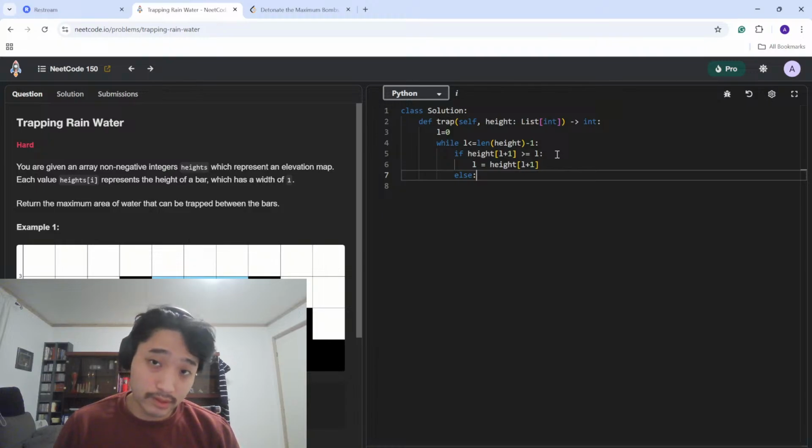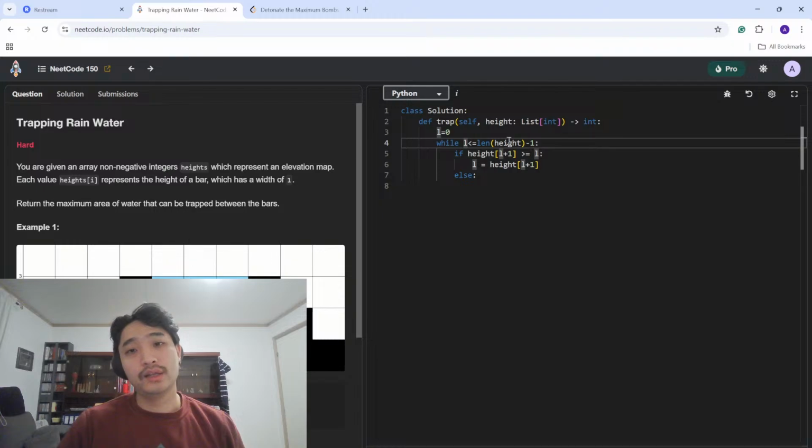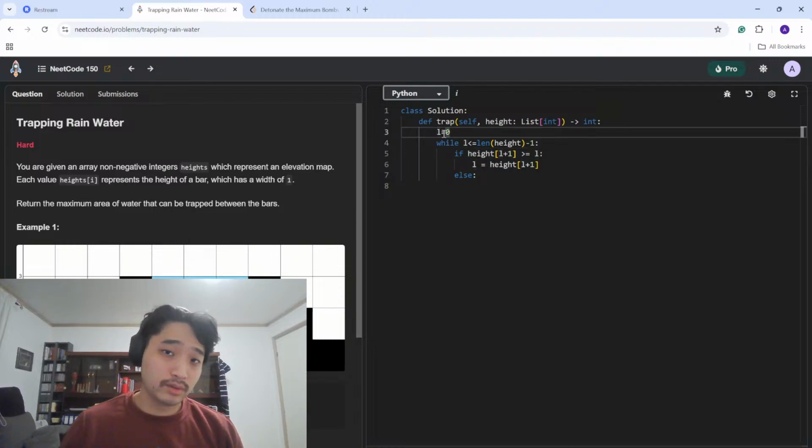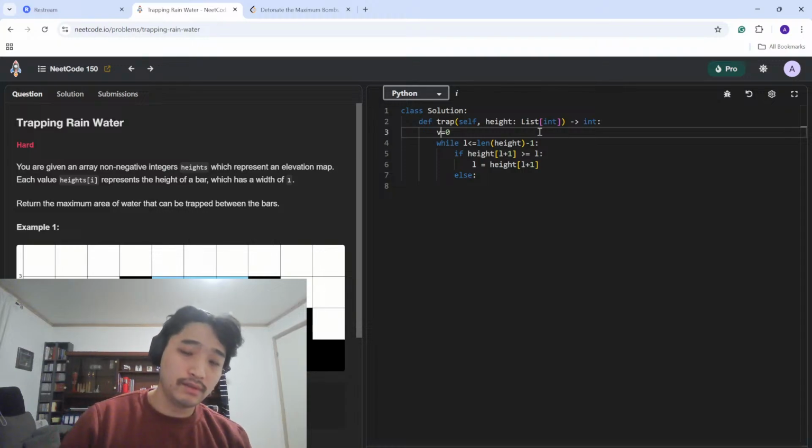Okay, if height is larger equal to L, L will become that one. So it's not L. So one L is not the L, it's pointing to the value, while the second is the index.